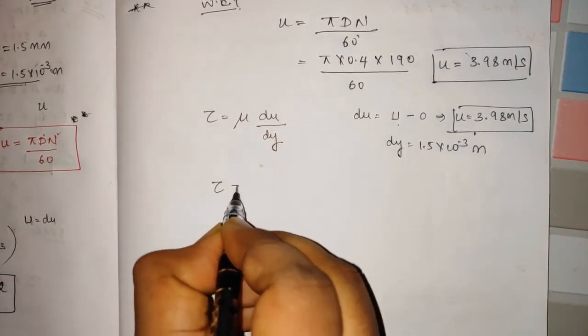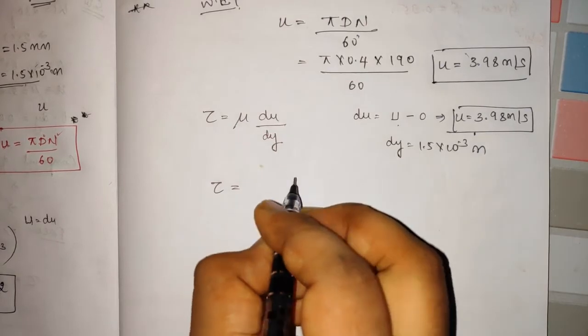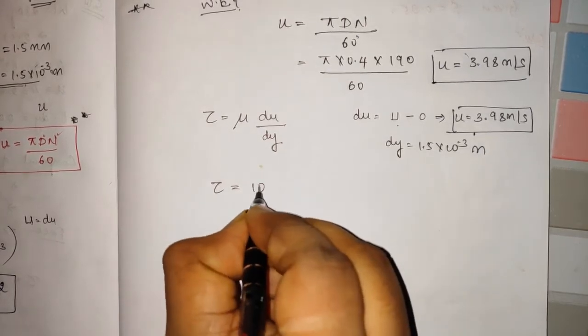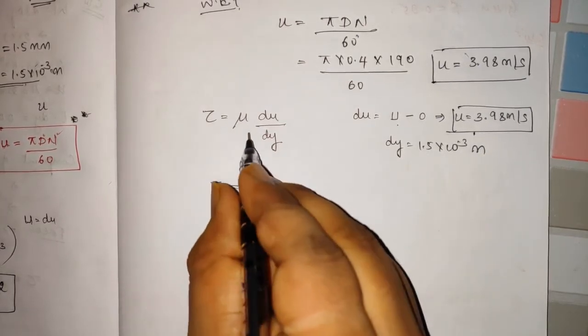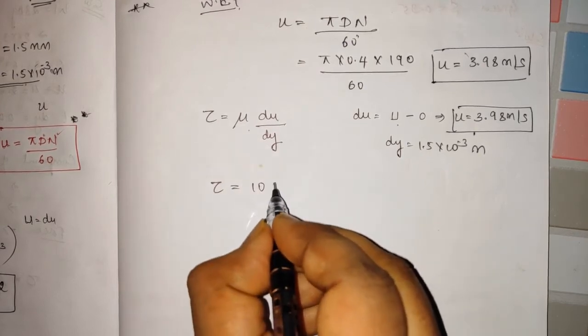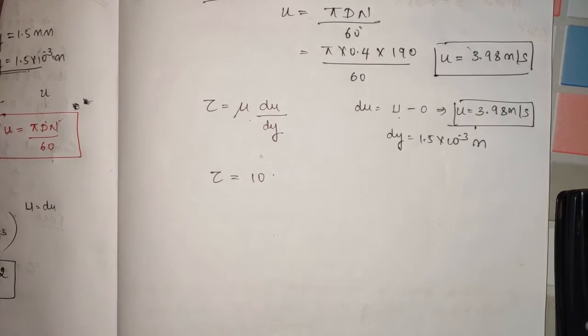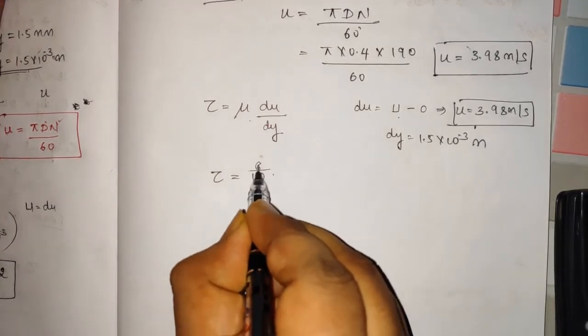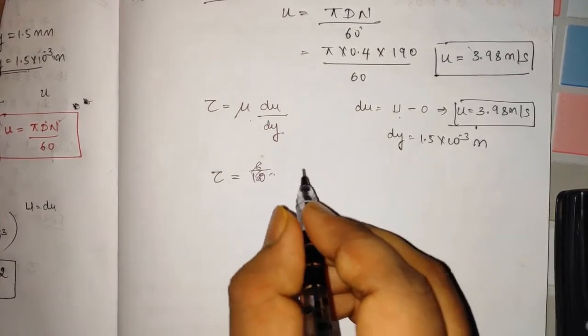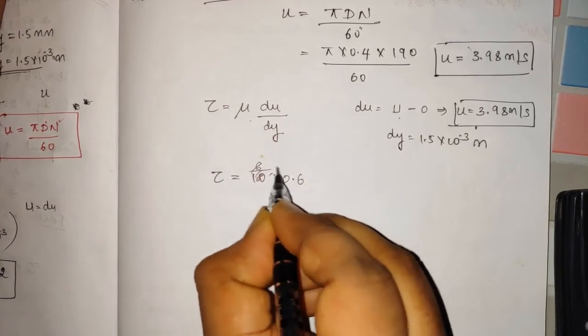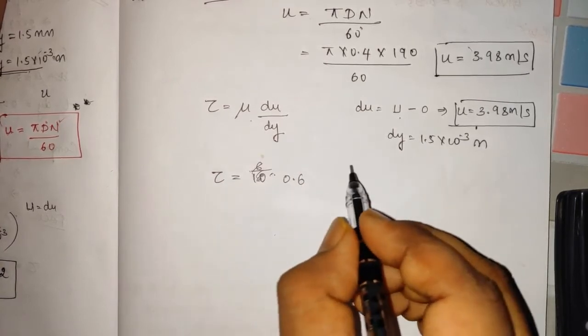The mu value is 6 by 10, so I'll directly take the value as 0.6 Newton second per meter square.